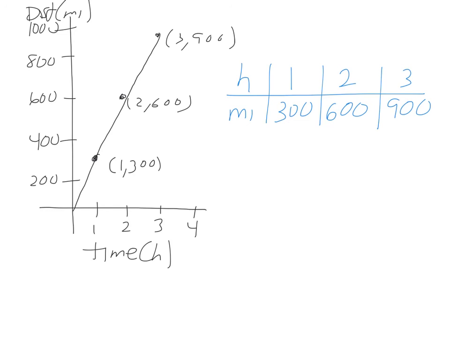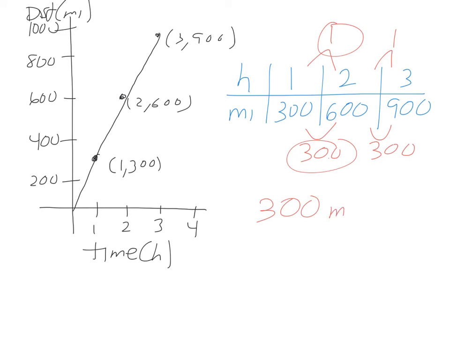Then I can look at my change, which is 1 and 1, 300, 300. So my constant rate of change would be 300 over 1, which is 300 miles per hour. And there's my constant rate of change.